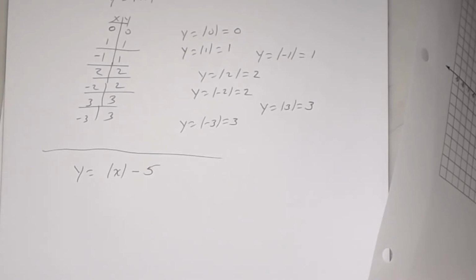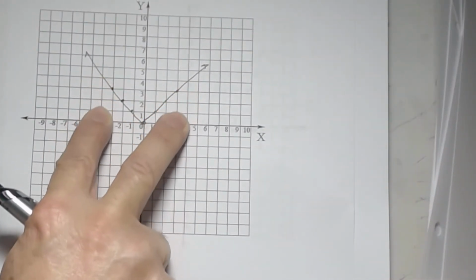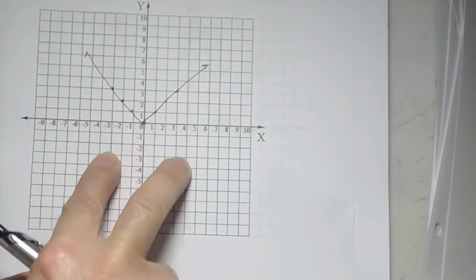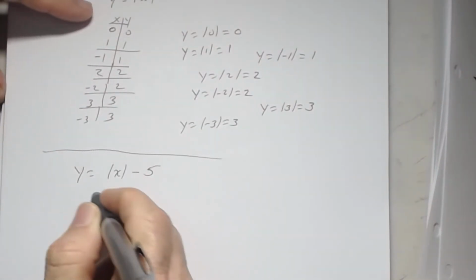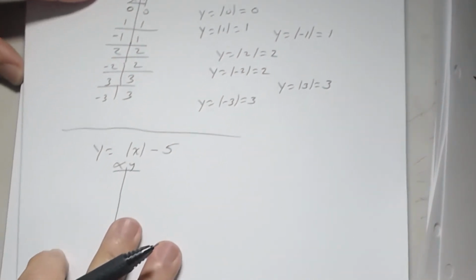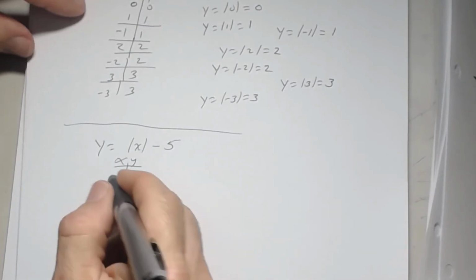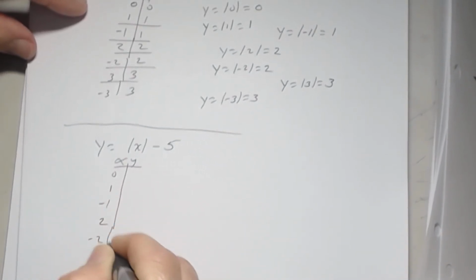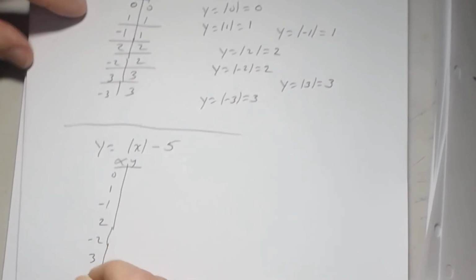And just remember, all you're doing is taking the parent function and doing what with it? Moving all these points down 5 units. Down 5 units. So you're going to use the same x-coordinates as your parent function: 0, 1, -1, 2, -2, 3, -3.